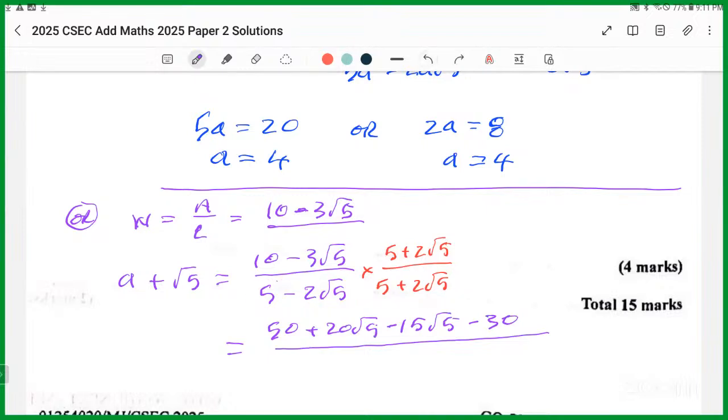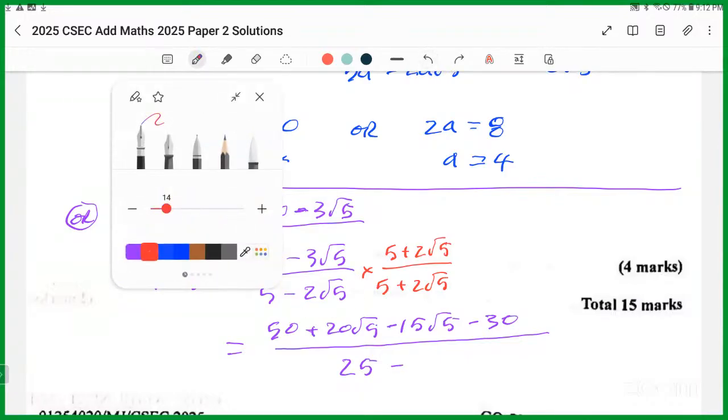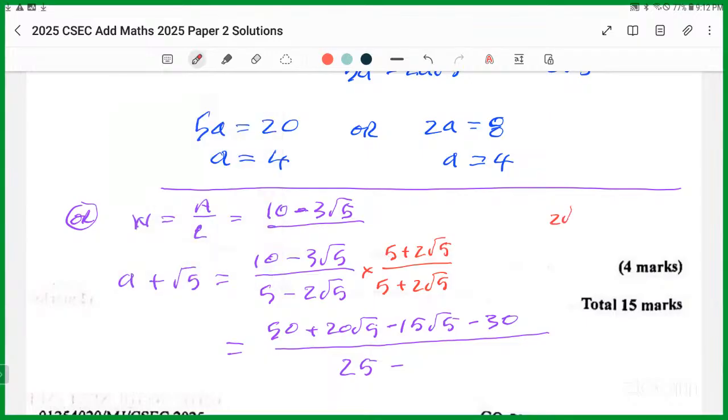Divided by the denominator, this times this is the difference of two squares. So it becomes 5 squared, which is 25, minus this squared. Now 2 root 5 squared would be 4 times 5, which is equal to 20.